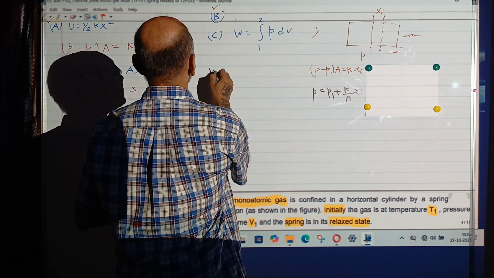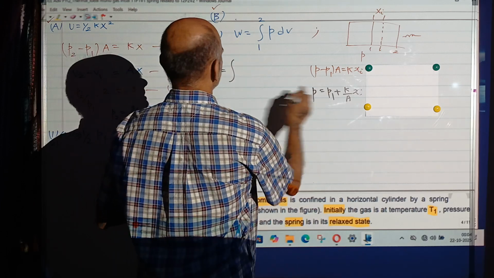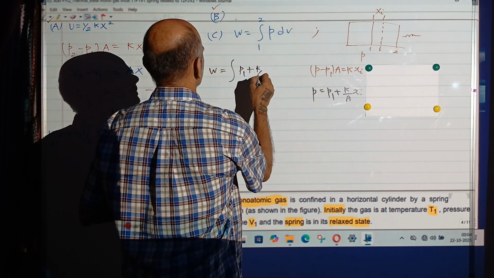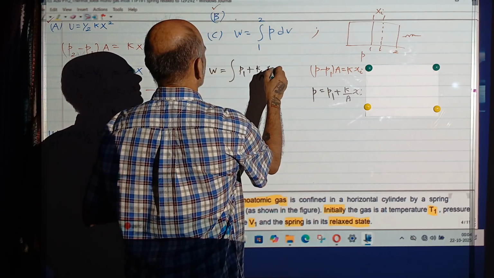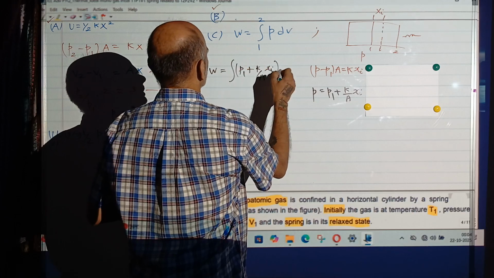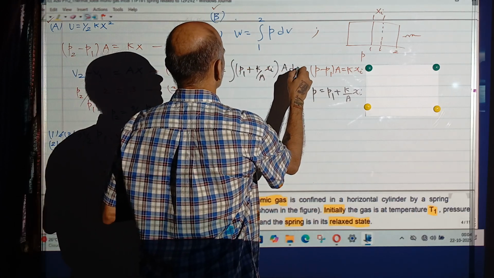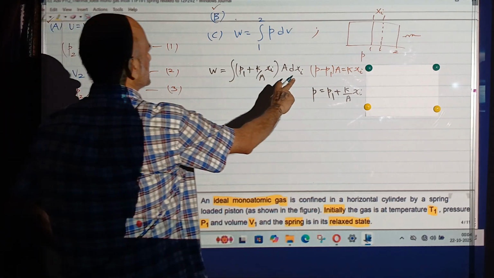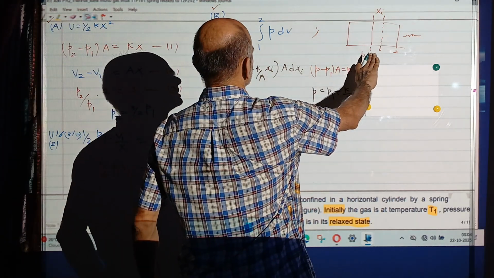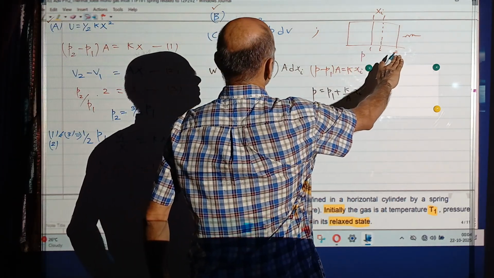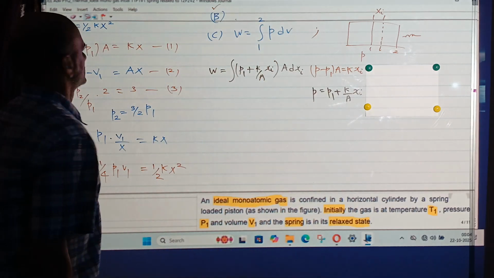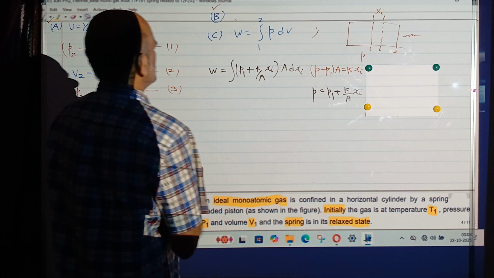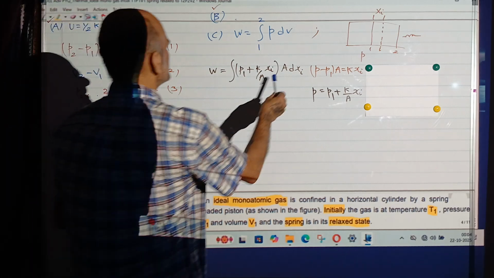So work done will be the integral of P, which is initial pressure P1 plus K by A xi, into dV, which is A dxi. So the variable is xi. Xi will vary from initial x equal to 0 to final x, the total displacement X. So the only variable here is xi.